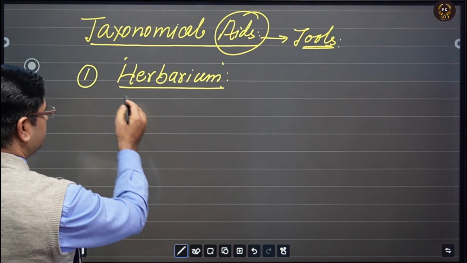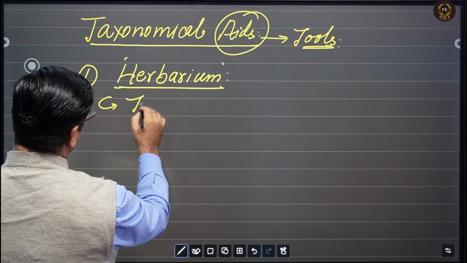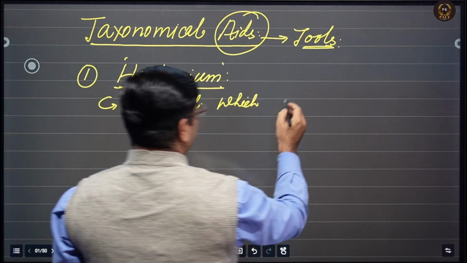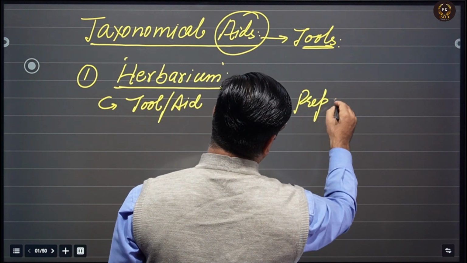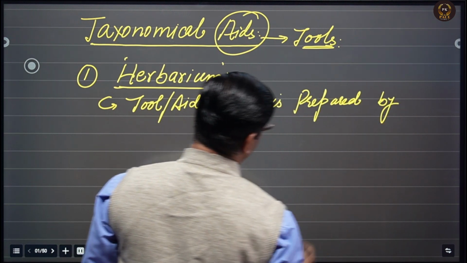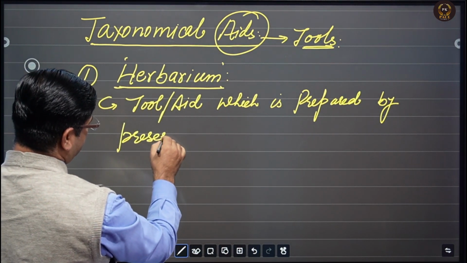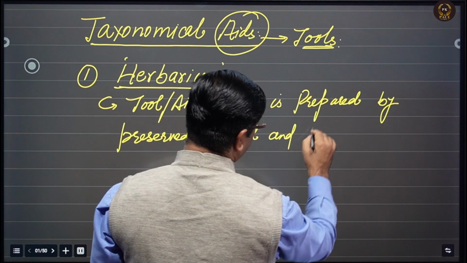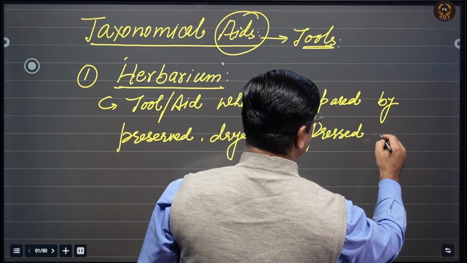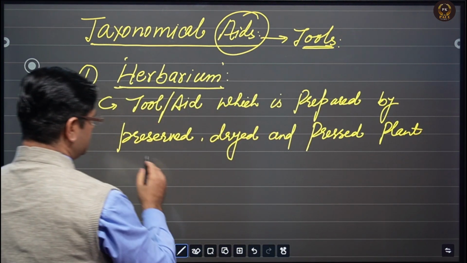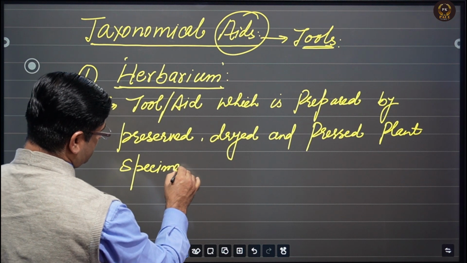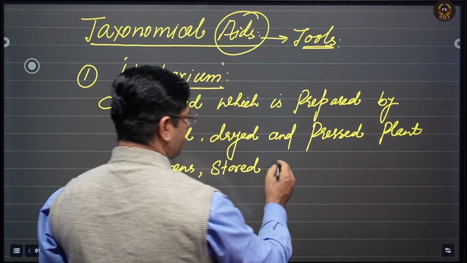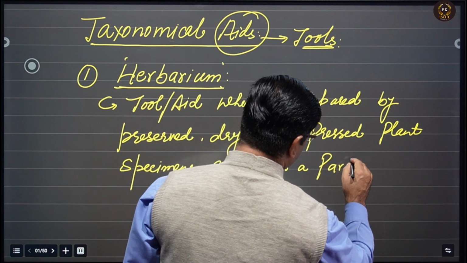Herbarium is a tool, a taxonomical aid, which is prepared by preserved, dried and pressed plant specimens which are stored in a particular place.